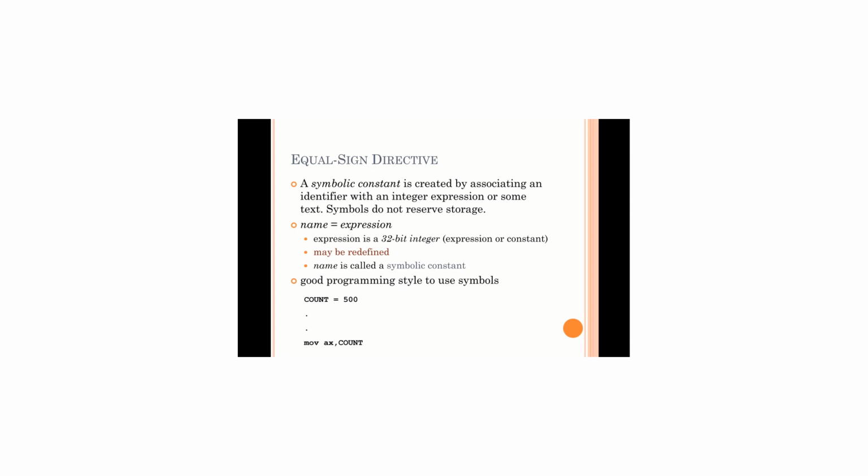The equal sign directive constant can be redefined. Throughout your code, let's say count is defined as 500, and later on you can define it as 100. The name is called a symbolic constant.